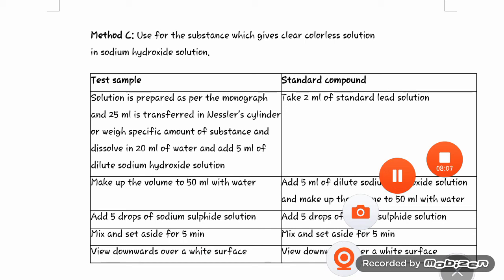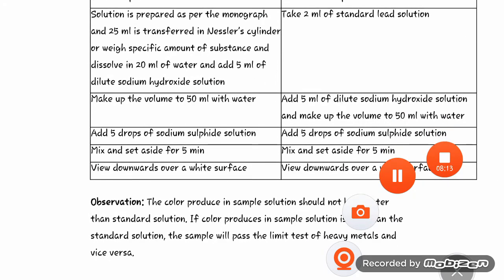Next, we will prepare the standard compound for this. Take 2 ml of standard lead solution. Add 5 ml of dilute sodium hydroxide solution and make up the volume to 50 ml with water and add 5 drops of sodium sulfide solution. Mix and set aside for 5 minutes.